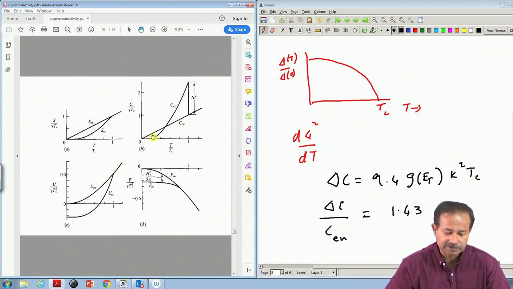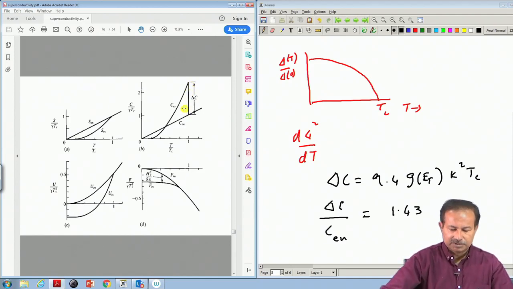So, that gap reflects in this entropy going exponentially up at low temperatures, and then it goes above the normal state at some finite temperature, and then you basically have a jump at this point in the entropy. The entropy of course has to go to 0 at 0 temperature. So, that happens in both cases.